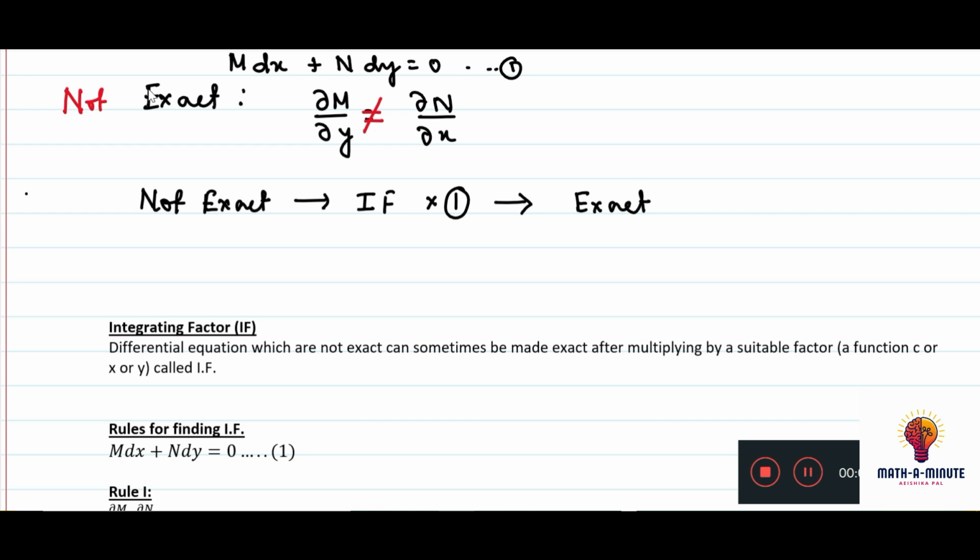This is the method to solve any non-exact equation. But the main problem is how to find the integrating factor. So in this lecture, we will learn how to find the integrating factor for any non-exact differential equation.